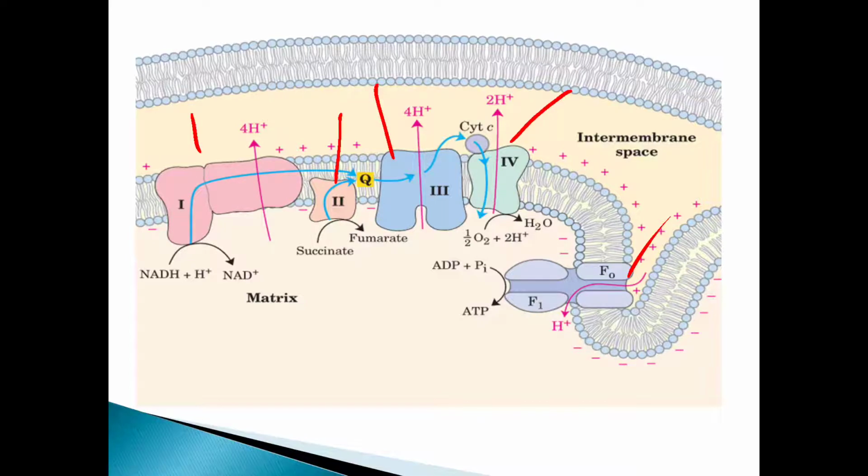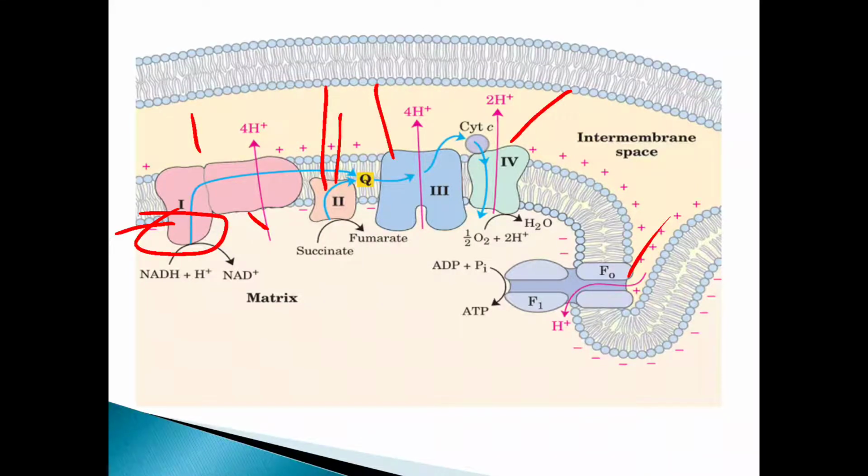Like here, the first one is in L shape. Half of the L shape will be in the inner membrane region of the mitochondria and half is towards the matrix region. Whereas the second enzyme complex, half of it is involved in the inner membrane region and half in the matrix region.